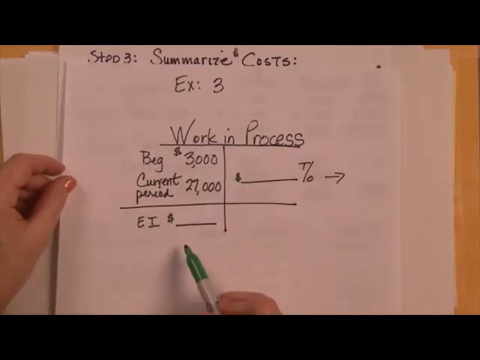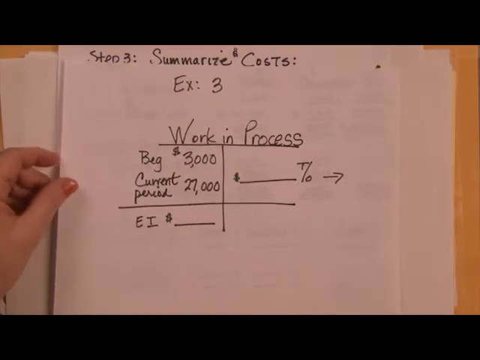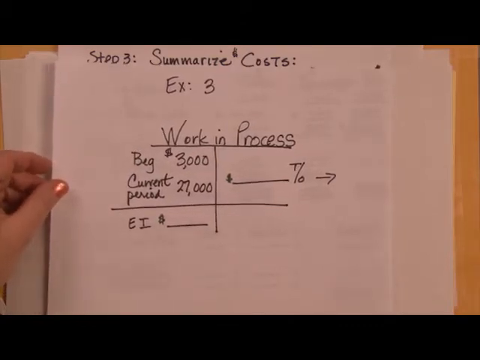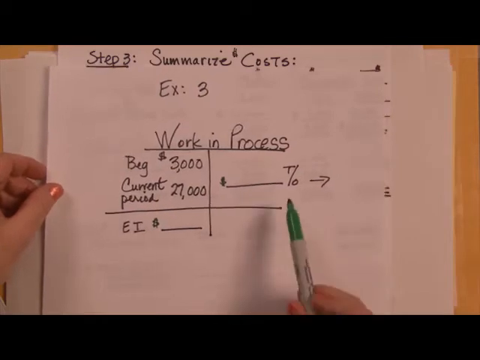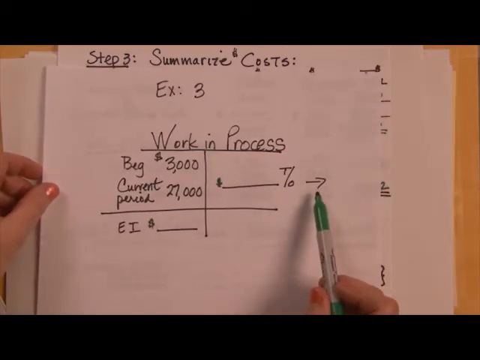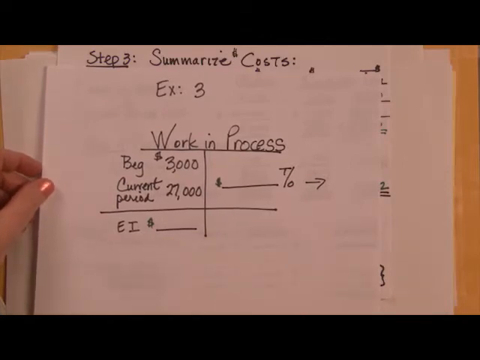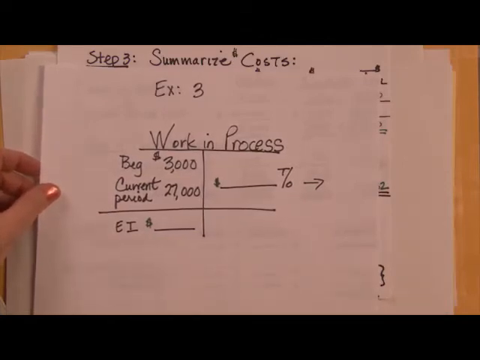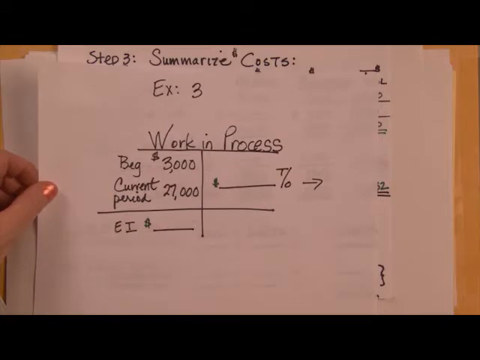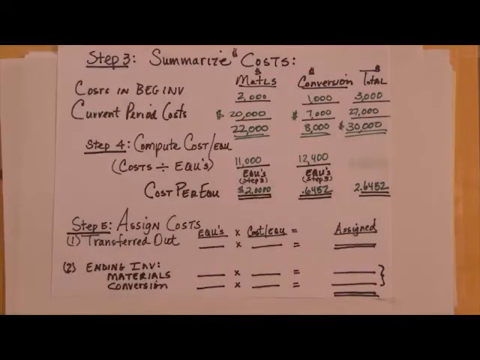This ending inventory will become part of our inventory value on the balance sheet when we do our balance sheet and our other statements at the end of the period. The transferred out will transfer either to the next department, or if this is the final department, the dollars will be transferred to finished goods.